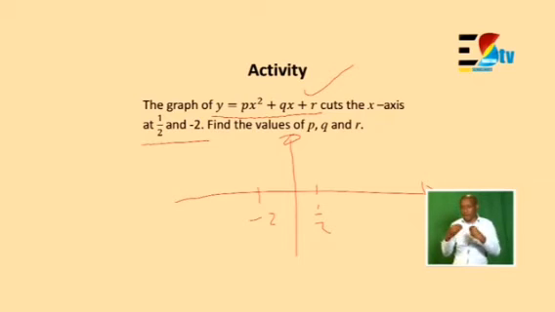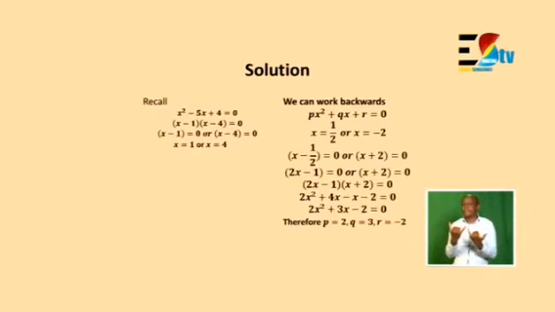So now how can we find the equation of the graph? We see that it is a quadratic function from this general form. We are asked to find the coefficient of x squared, the coefficient of x, and the r given this information. So what we need to do, learners at home, is to recall what we have seen in the previous examples.